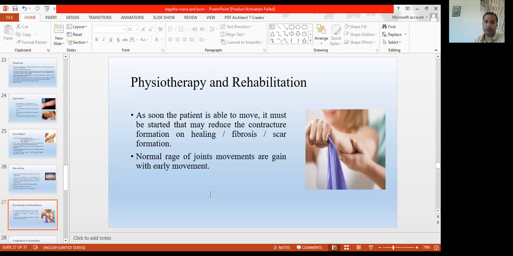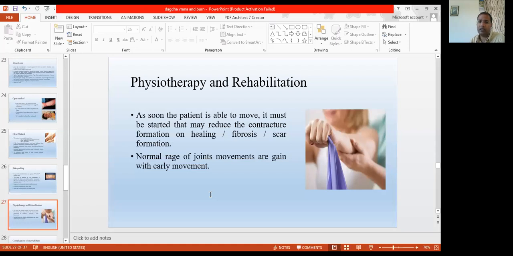It is very important in the burn patient as well as in the fracture patient. Suppose you have treated the burn patient, but you have not started physiotherapy at the correct time.